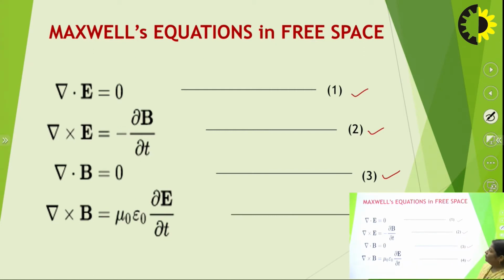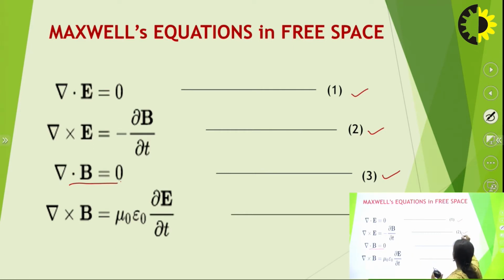All right. One interesting part about these equations is that apart from being called Maxwell's first, second, third, fourth, they also have other names. The first equation is Gauss's law of electrostatics. The second equation is Gauss's law of magnetostatics.